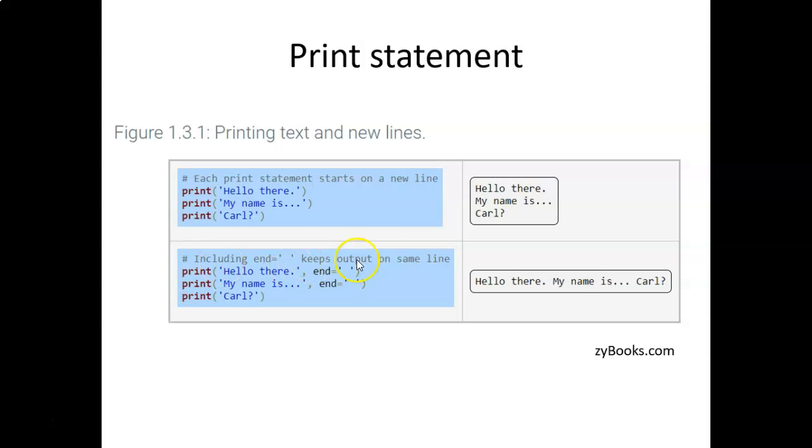Now, let's say we don't want to advance to a new line each time. We can use this statement, end equals quote space quote. When the Python interpreter sees this, it says, I don't advance to a new line when I see my next print statement. I continue printing on the same line. So now we'll get hello there, and then we're going to print my name is ... but we won't go to a new line because we have this statement here.